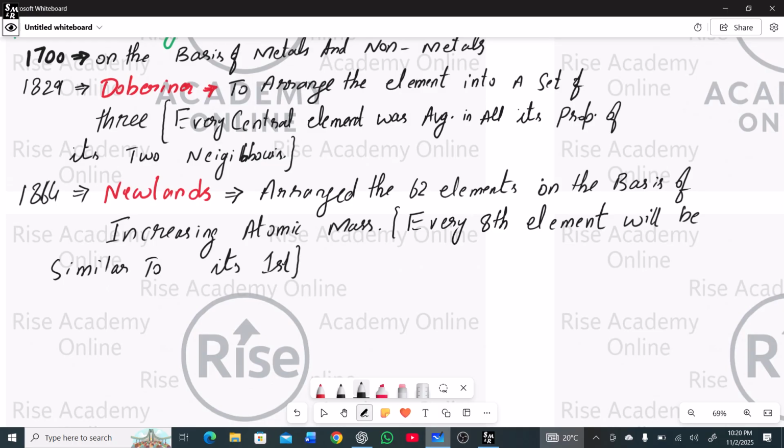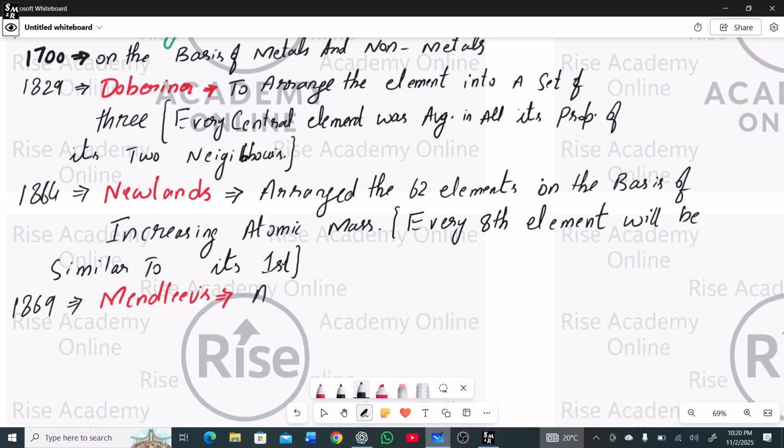So in 1869, Mendeleev presented another arrangement, another periodic law.